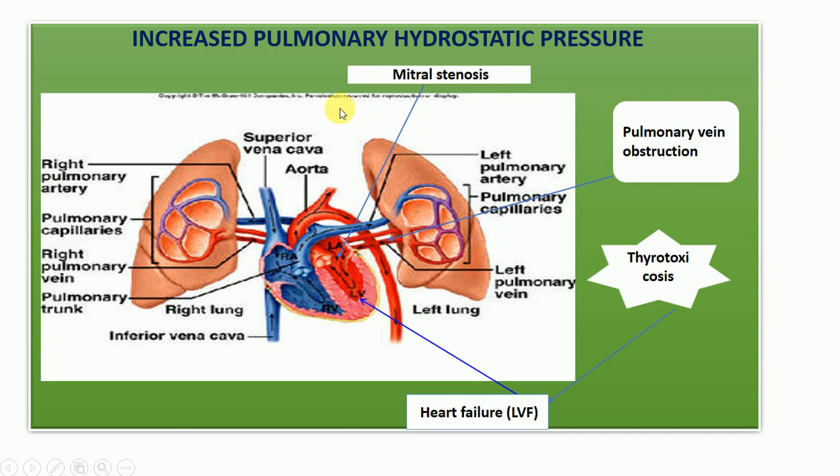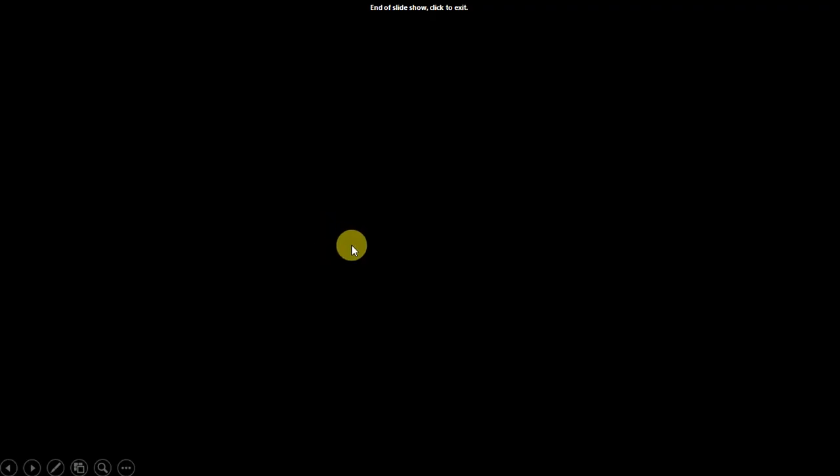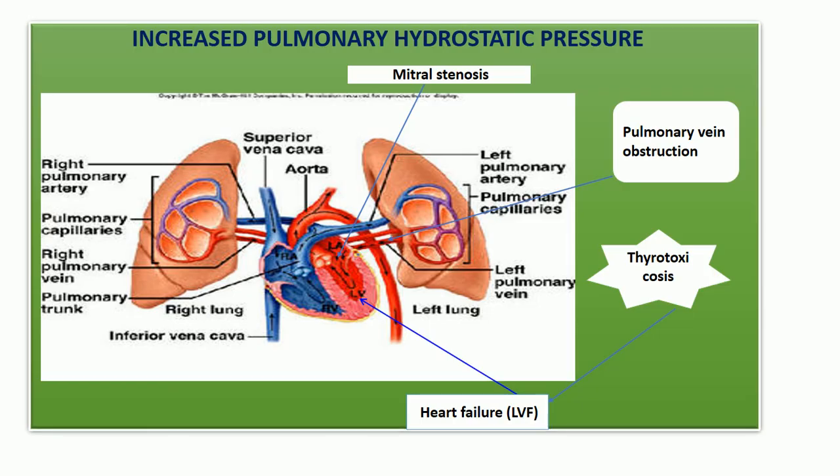Another cause is mitral stenosis. Mitral stenosis means the constriction of the mitral valve. What is the mitral valve? The mitral valve is a valve that separates the left atrium and the left ventricle.